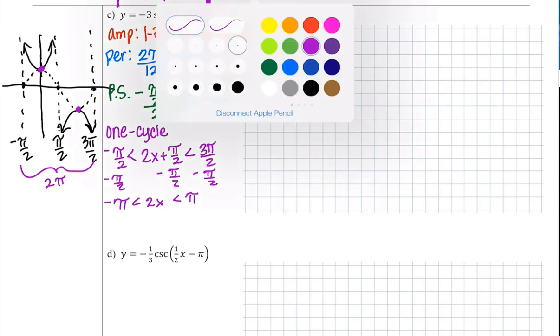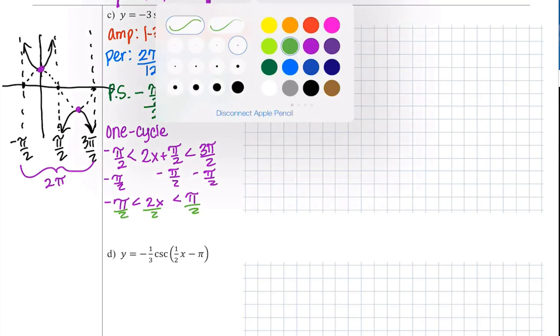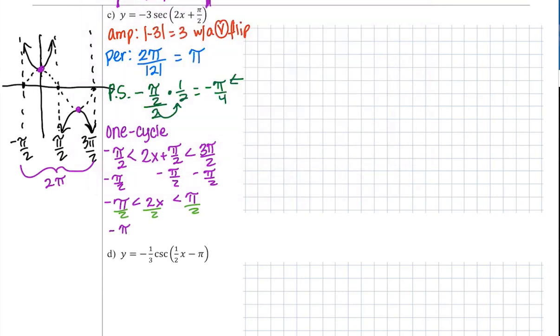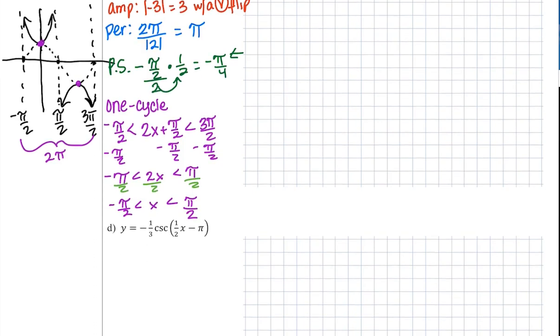And then I'll change colors here so you can see what I'm doing. I'm dividing by 2. And so we get a cycle that starts at negative pi over 2 and stops at pi over 2. And just remember that that's 2 of the 3 asymptotes.